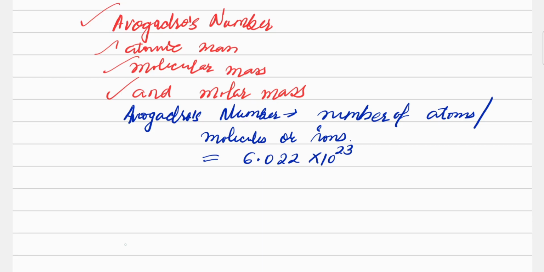So whatever the entities are, they are equal to this much. Avogadro's number has the symbol Na. So you can remember that.